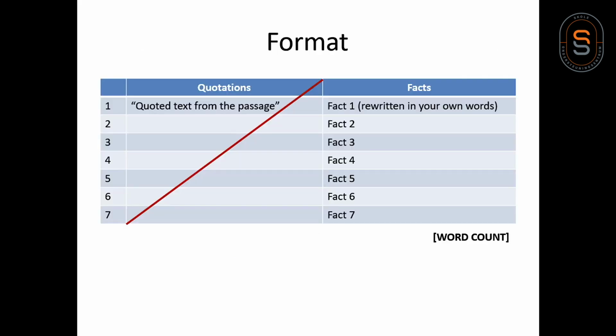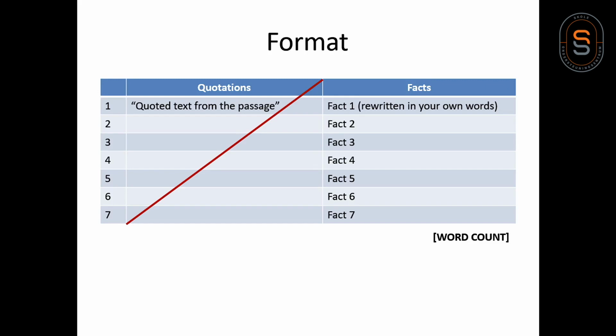Right, the easiest way to do it: you have now read the question. You have highlighted the 7 facts that you think are important. Then you take your page and you divide it into 2 parts. The first part is for quotations and the second part is for the facts.